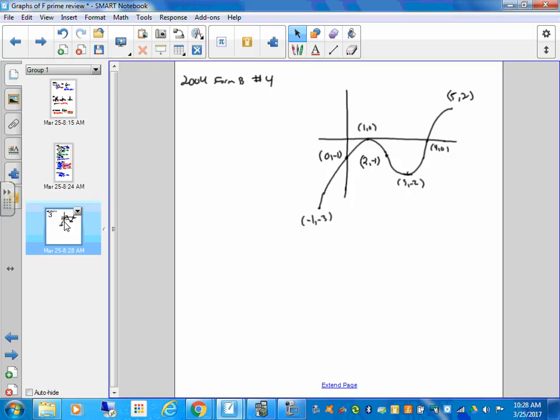So in the second half of the 2004 packet is a 2004 Form B. And not as many people took this, but they're usually very good questions. And they're not harder or easier, they're just different. They generally test the same content, but not completely.